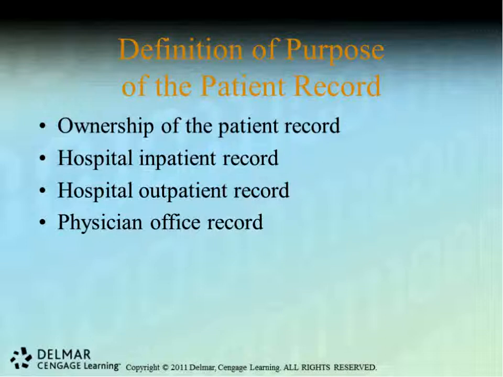With your outpatient record, we also call it an ambulatory care record. That's for all your outpatient facilities like your emergency department or your ambulatory surgery. The physician office record also includes administrative and clinical data, as does your inpatient record.